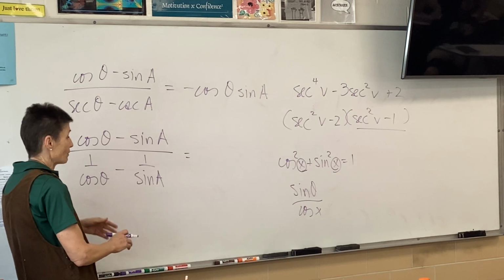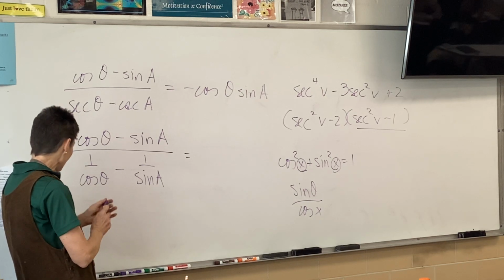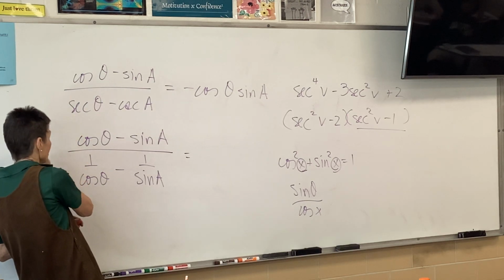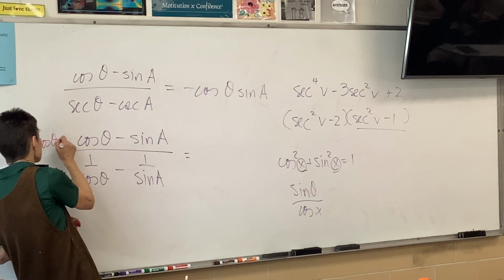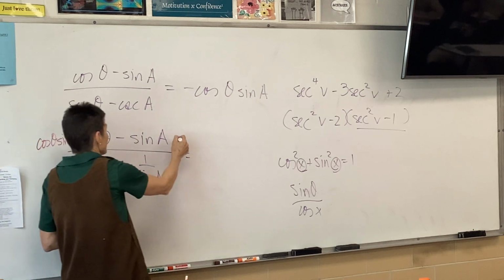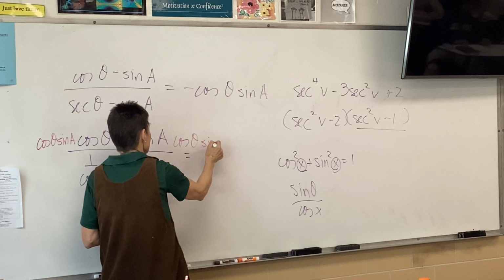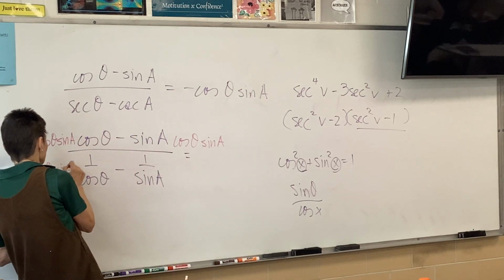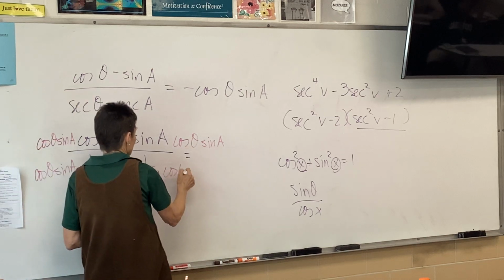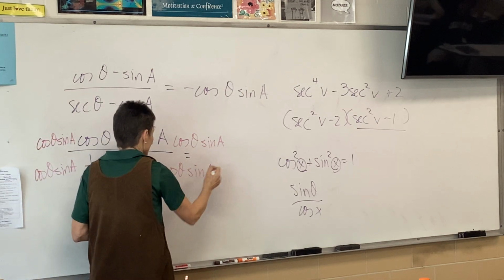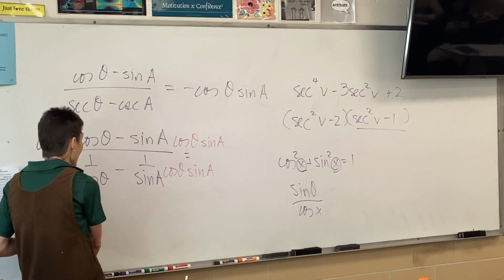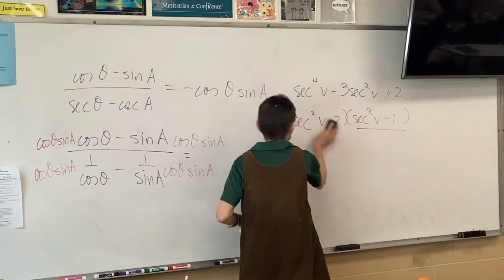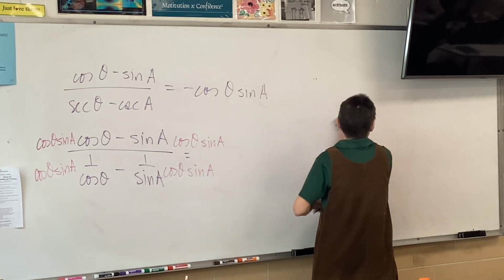All right, what do we got here? A huge, giant, icky complex fraction. Common denominator. I'm going to multiply by cosine theta sine A. My purpose for doing that is to get rid of every denominator in the problem.